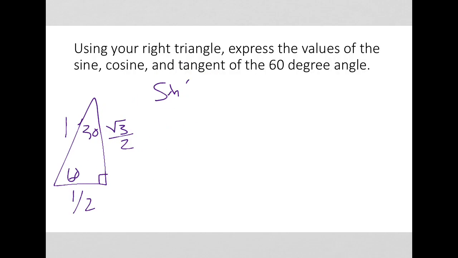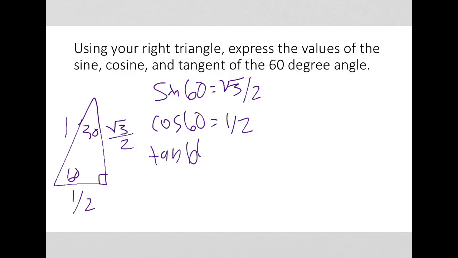So sine of 60 is going to equal the opposite, which is root 3 over 2, over the hypotenuse, which is 1, so it doesn't do anything. Cosine of 60 is going to equal the adjacent, which is 1/2, over the hypotenuse, which is 1, so it doesn't do anything.